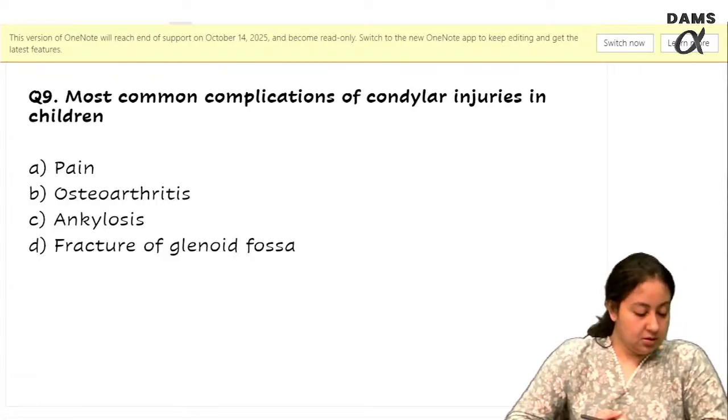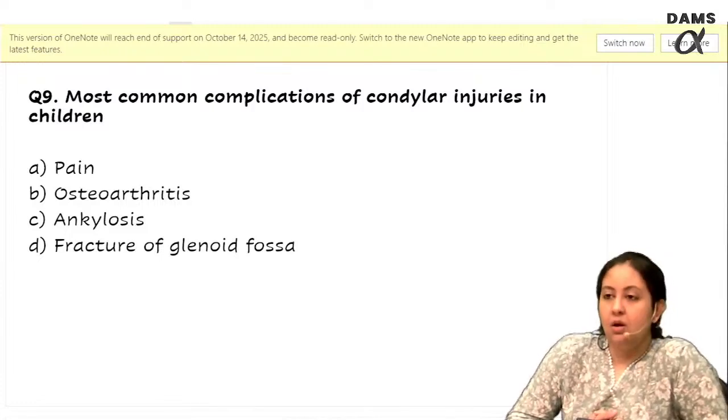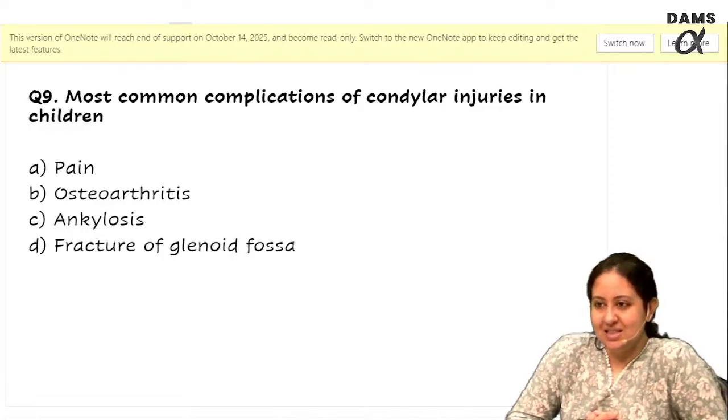Any more answers? So this is a very straightforward question. Okay, Aarti, you say A and C. So the answer is C.